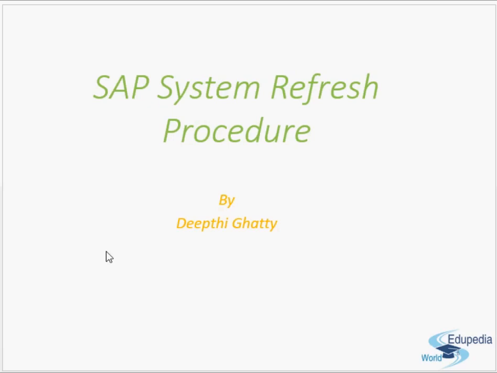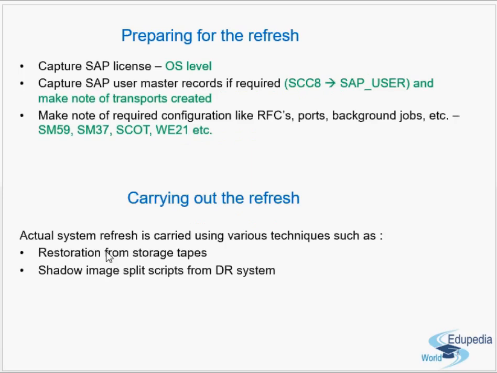In this video I'll explain the high level steps of the system refresh procedure, what all steps have to be done. I will not go into the detail of what you have to do in each transaction, but I'm just mentioning the high level steps, the transactions you use, and how the refresh is done.